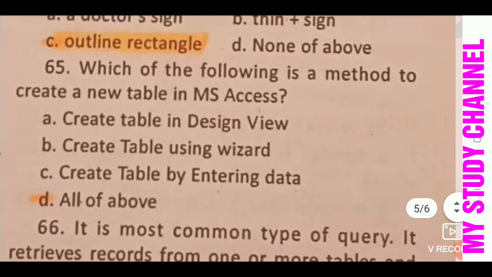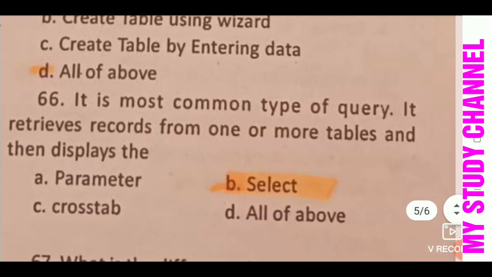Next question is, which of the following is a method to create a new table in MS Access? A is create table in design view, B is create table using wizard, C is create table by entering data. Here the answer is option D, that is all of the above. Next question is, it is the most common type of query.